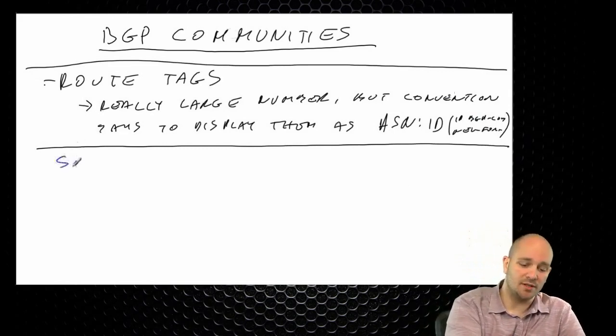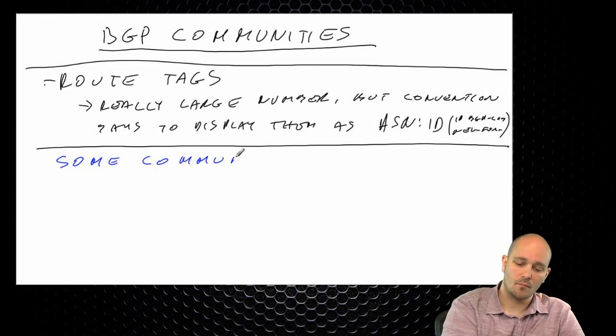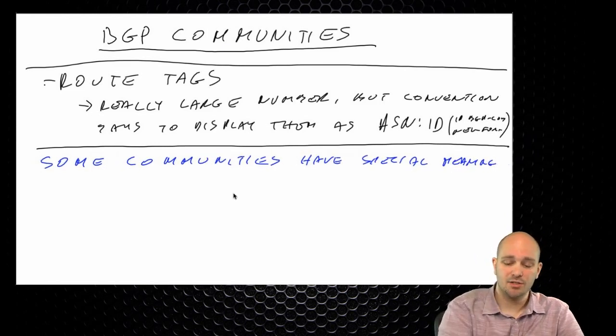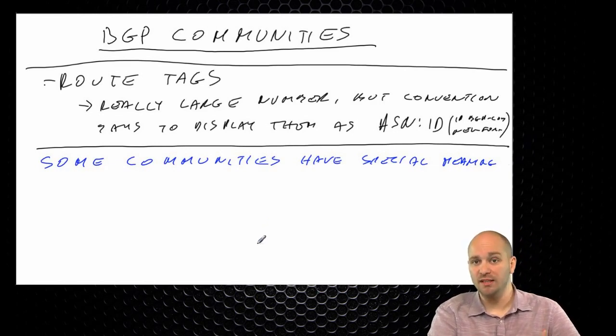But some communities have special meaning. Now, this special meaning implies certain behavior by the routers when they have routes in their BGP tables that carry these communities.